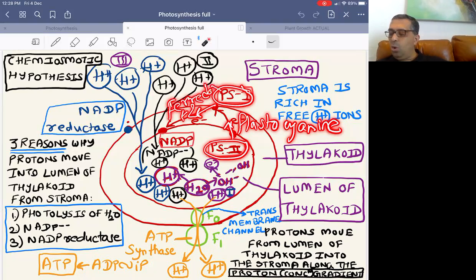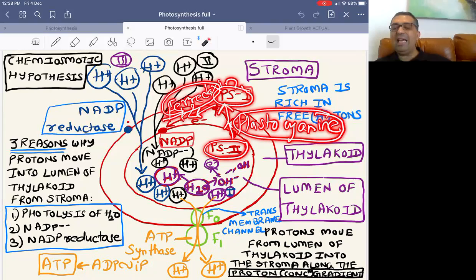And so, where is the electron found? PS2 का electron is with plastocyanine, PS1 का electron is with ferredoxin. And from plastocyanine, the electron goes to PS1 and brings PS1 back to a ground state.